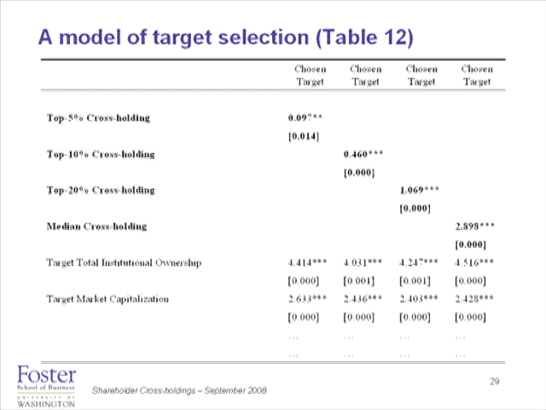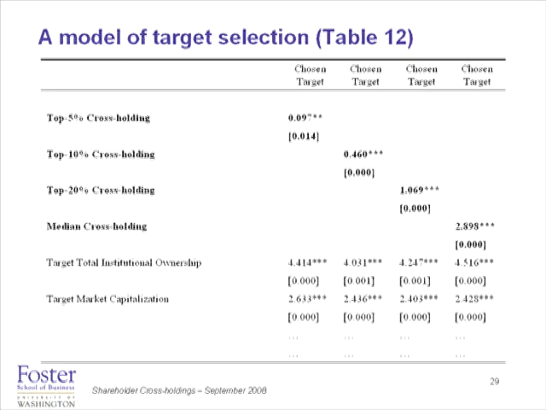And then our final analysis is, let's flip it around and say, instead of does the actual pair have higher cross holdings, if you're the bidder and I'm trying to predict which firm will be the target, can I predict it by ranking the targets by cross holdings, saying the one with the greatest cross holdings is going to be the one that you pick as the target, all else equal.